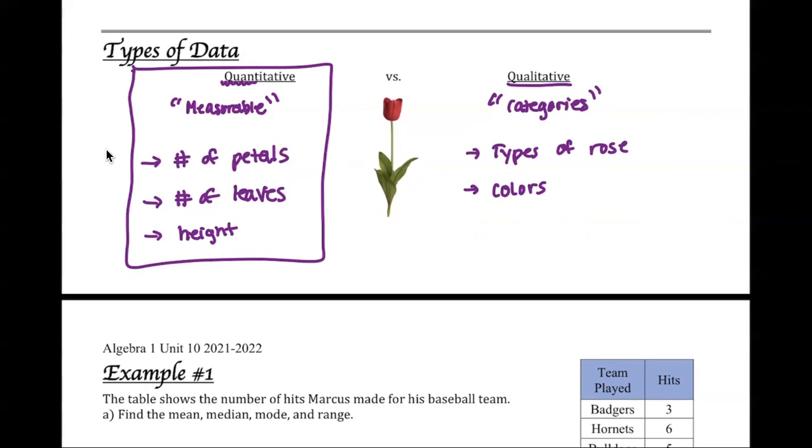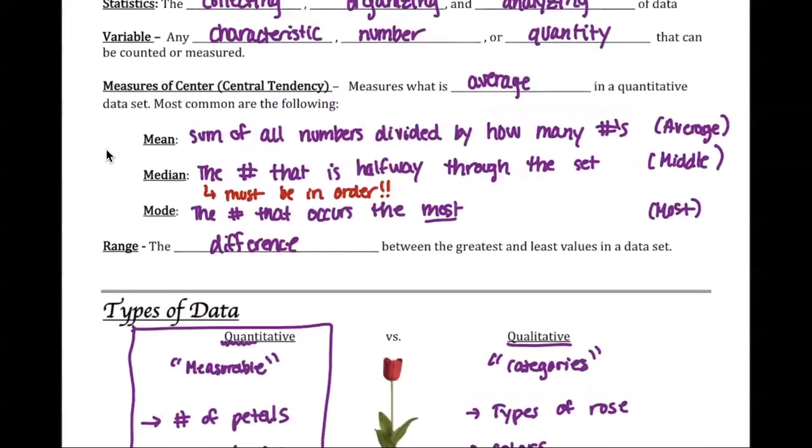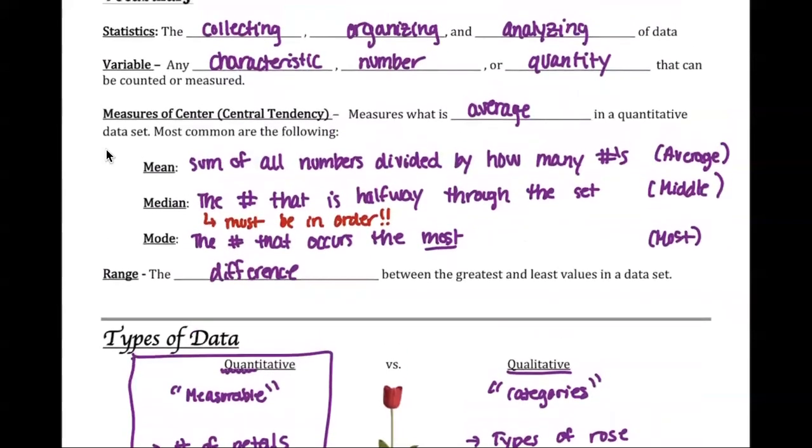Now, ultimately, statistics is about analyzing, but it's also about calculating different statistics. One of the most common ones that we look at is something called measures of center. A lot of times when you look at a data set, one of the things that we try to find is the middle of the data set. What it technically does is measure what is average in a quantitative data set.